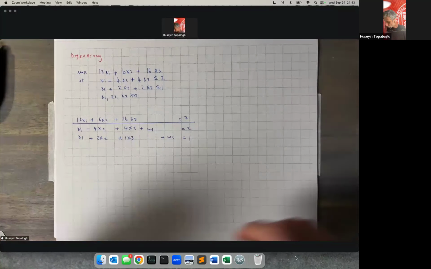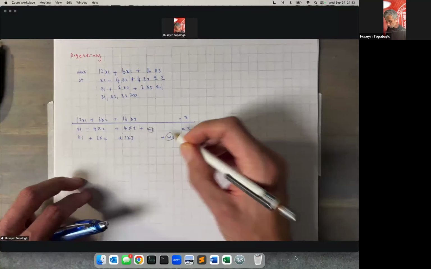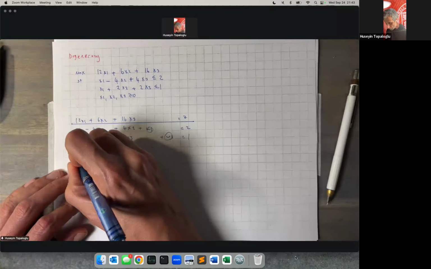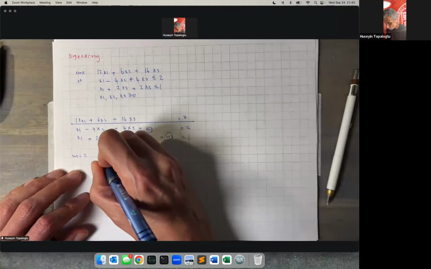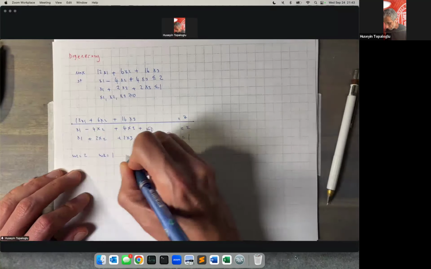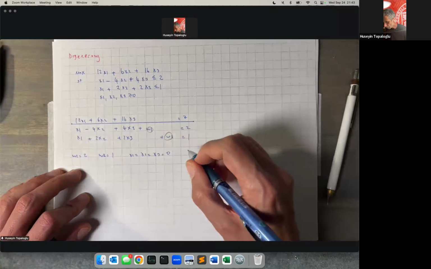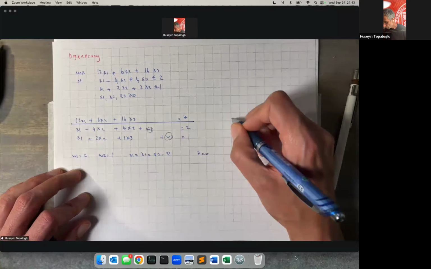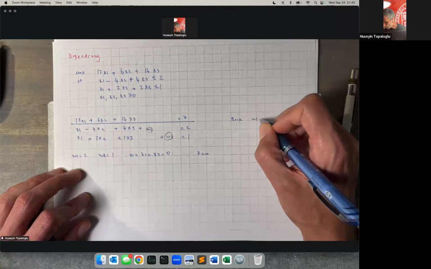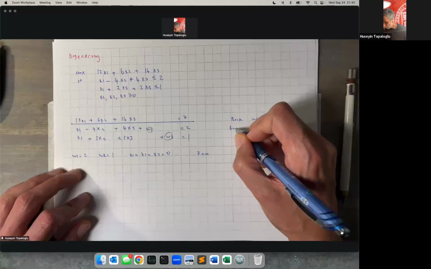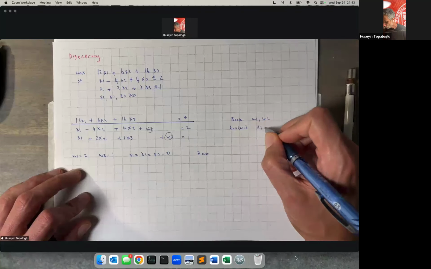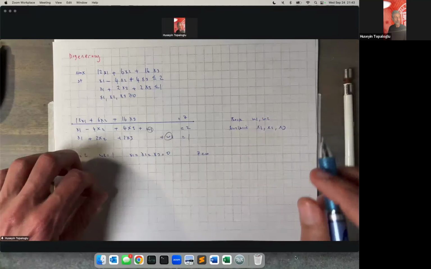So the solution we read is: W1 and W2 are basic, W1 equals 2, W2 equals 1, x1, x2, x3 are 0, and z is equal to 0. Basic variables are W1 and W2. Non-basic variables are x1, x2, x3.